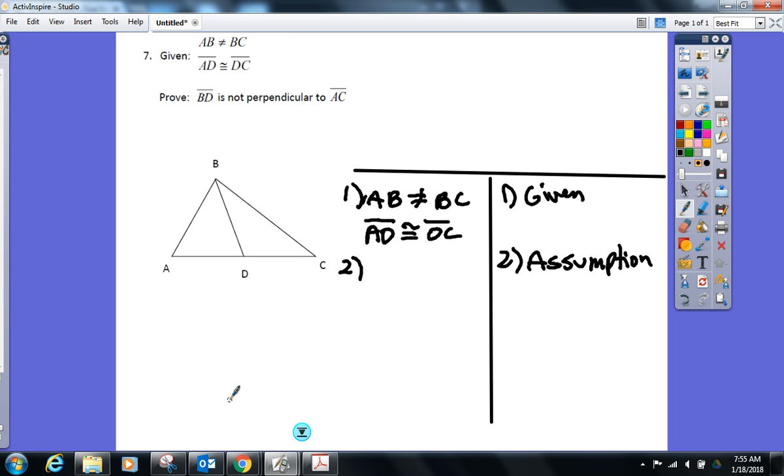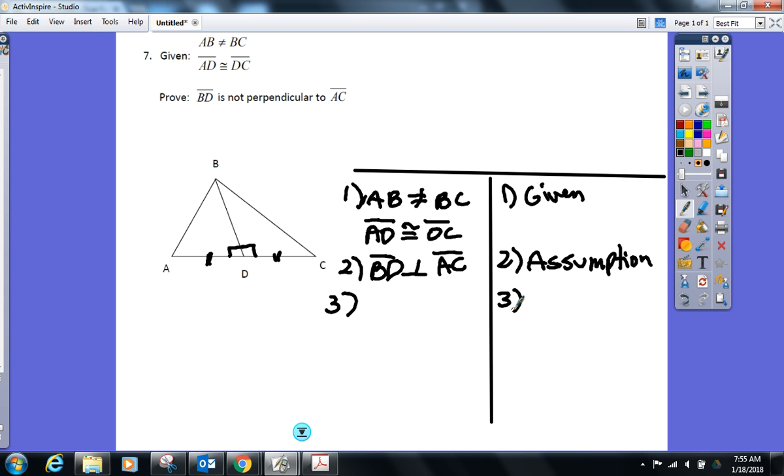Opposite of the proof statement, not an opposite of the givens. So BD perpendicular to AC. Treat it as a given. So I have AD congruent to DC, and I have BD perpendicular to AC. Doesn't look it. There's a reason why.